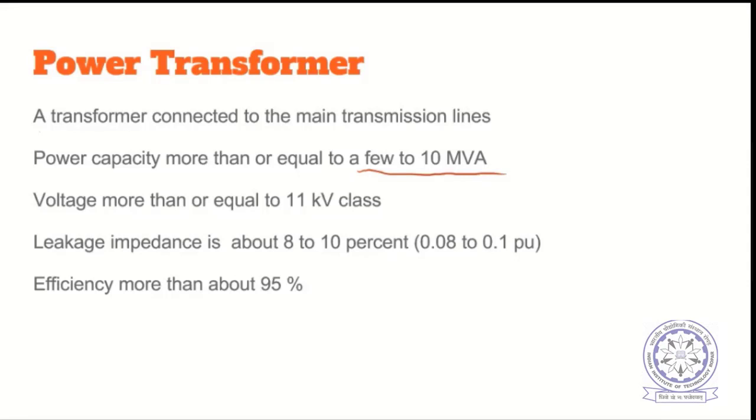Normally it is in this order only. And voltage more than or equal to 11 kV class, and leakage impedance is about 8 to 10%, means 0.08 per unit to 0.1 per unit, and efficiency more than about 95%. These are the general features of a power transformer.